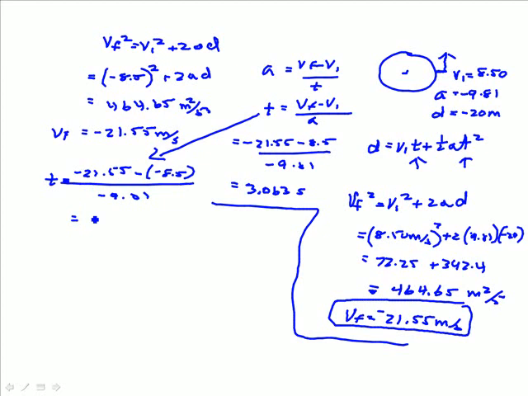It's going to be 21.55 minus 8.5 minus negative 8.5, which is the same as adding. And so we only get a difference in velocity of 13.0 because it doesn't have as much time to pick up speed. Divide that by 9.81, and you get 1.33 seconds.